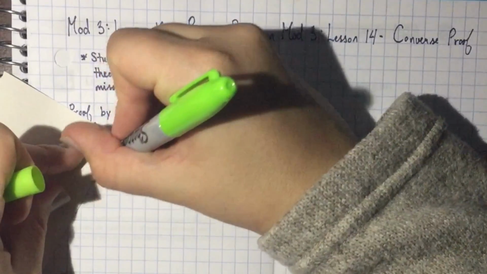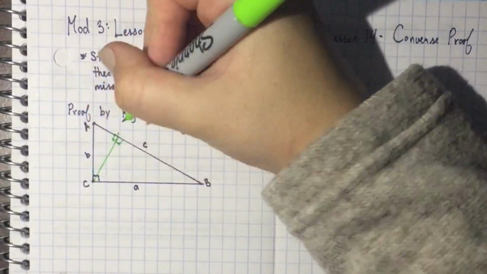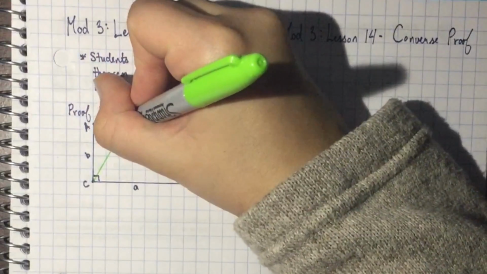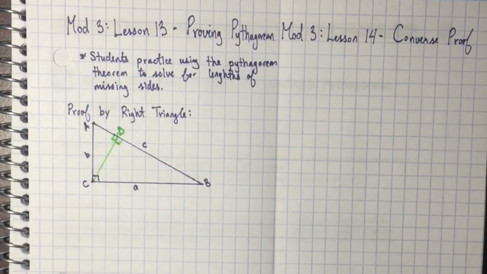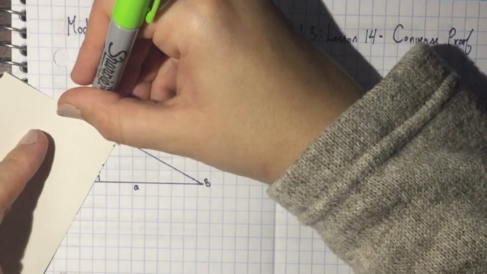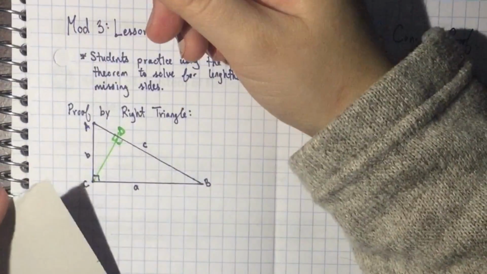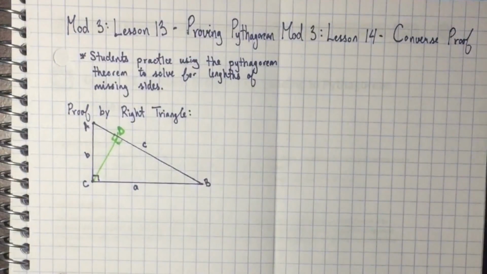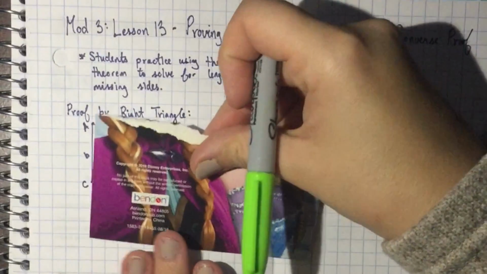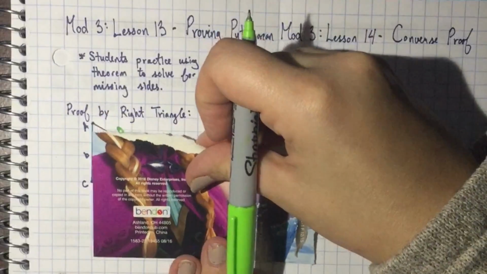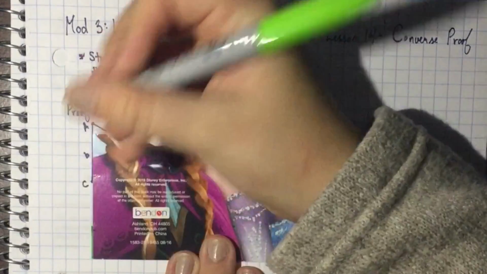The next thing I want to do is build an altitude from angle C to the line AB and make sure that when it meets, it forms a right angle. That ensures that I have three similar triangles. So I'm going to redraw that small triangle that I just created.